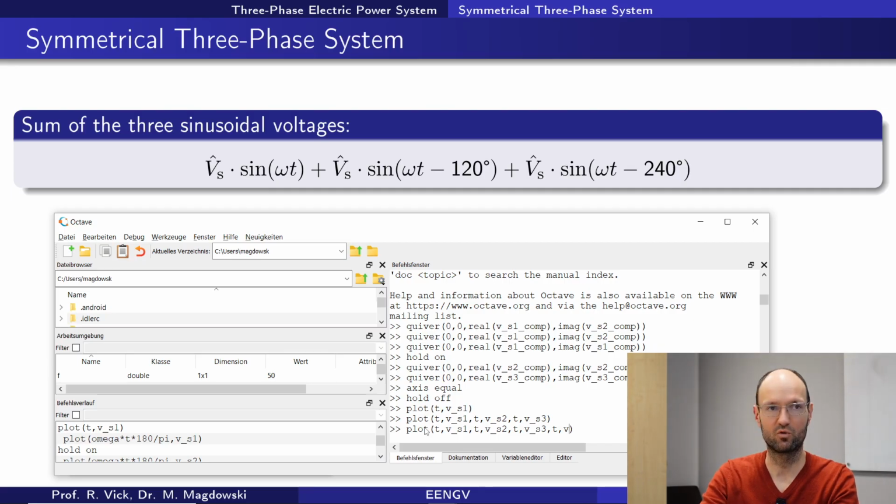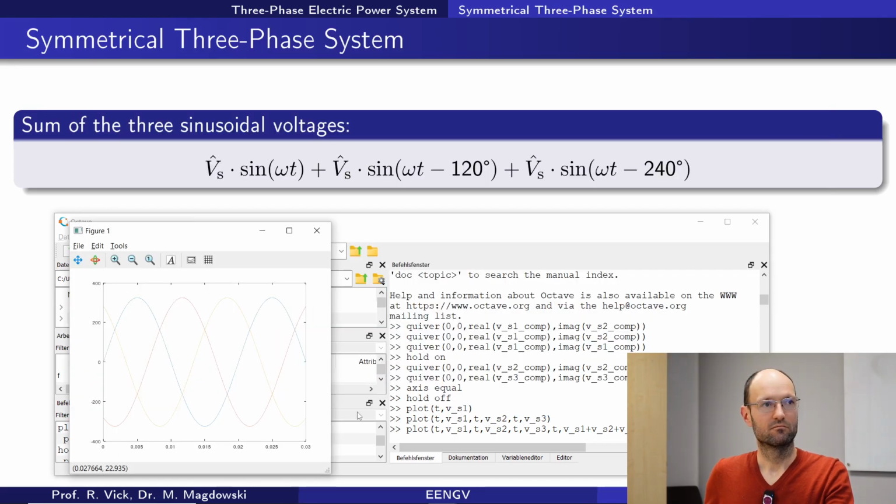So here, without problems, I can do this first voltage plus second voltage plus third voltage. So before I enter, now we take this function and always add the red and the yellow function. So we just calculate the sum of these three functions. What should happen? Oh, 0? Okay, we can check.